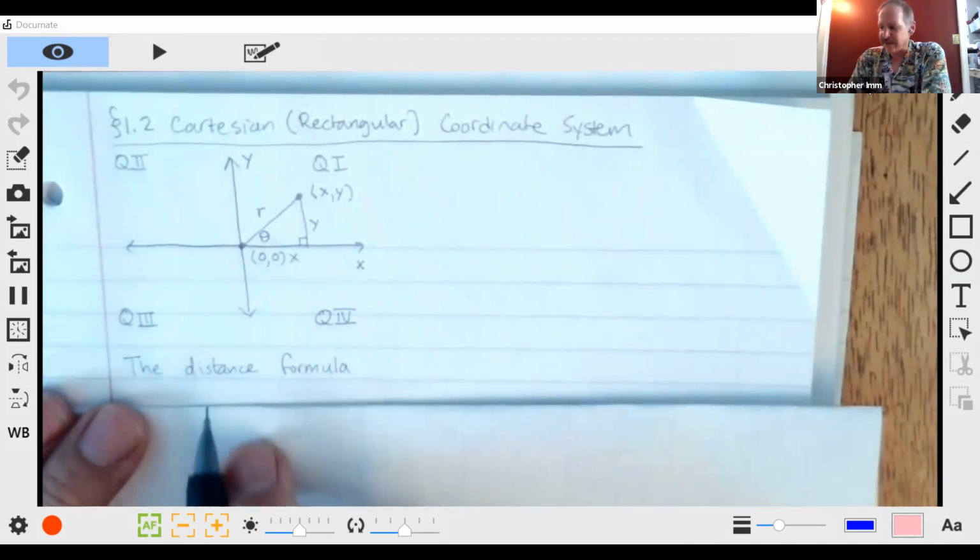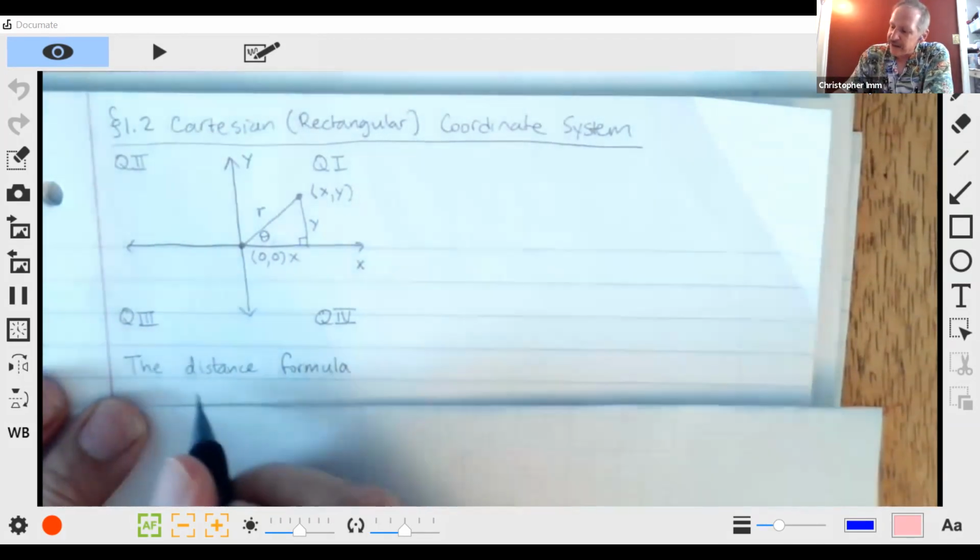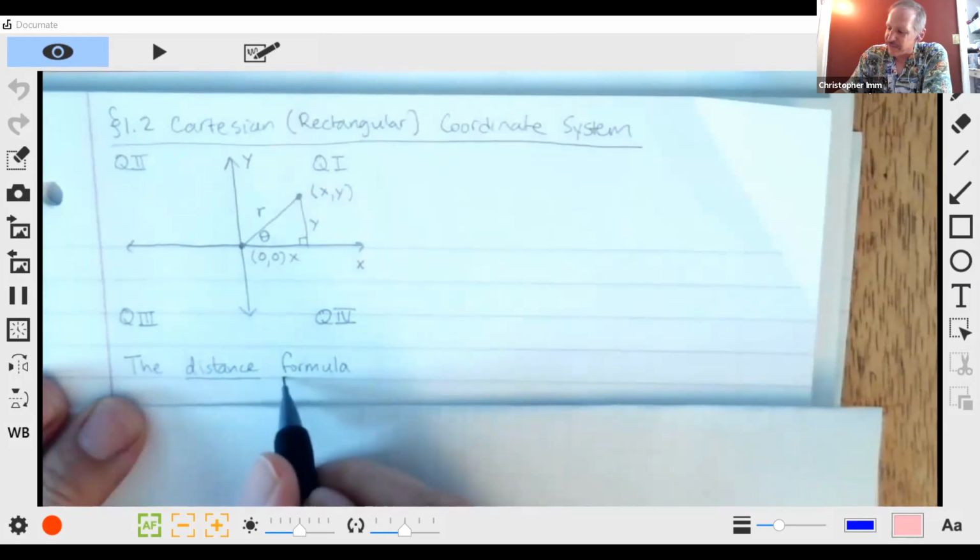So I can use this distance formula. This should be sort of familiar to you.